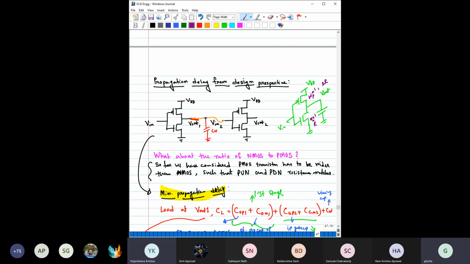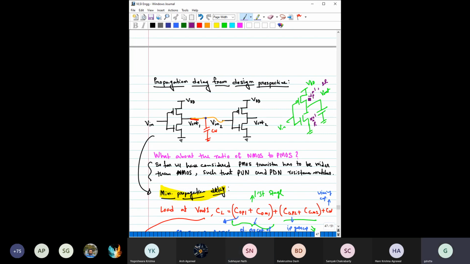Is it not correct that for PMOS the resistance would be higher if you take the same width? For PMOS the resistance would be higher because of the lower mobility of holes, isn't it? For PMOS, the hole is the carrier. So mobility is lower, right?